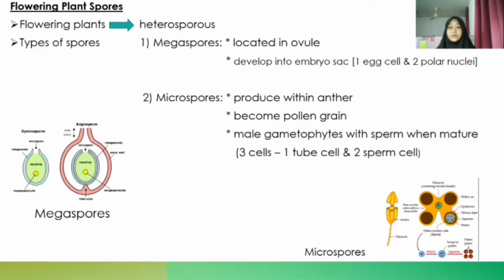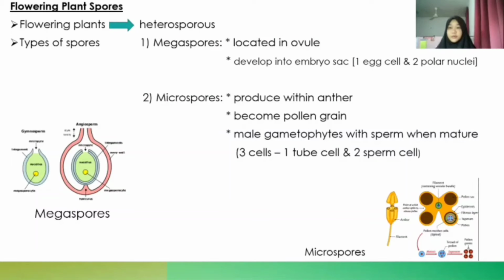The megaspore will develop into the embryo sac, the female gametophyte, that consists of one egg cell, one central cell that contains two polar nuclei, three antipodal cells, and two synergid cells. The embryo sac has a total of 7 cells and 8 nuclei.